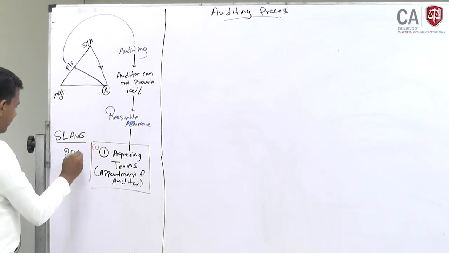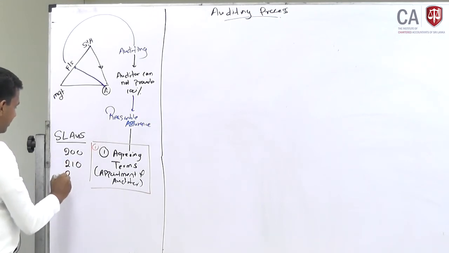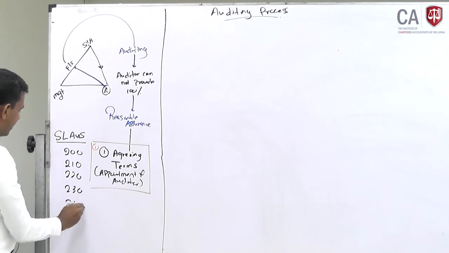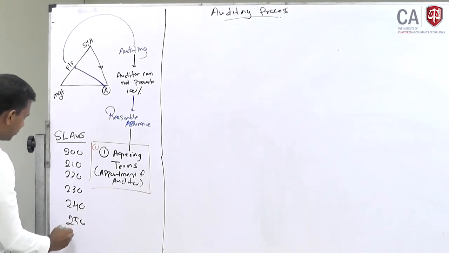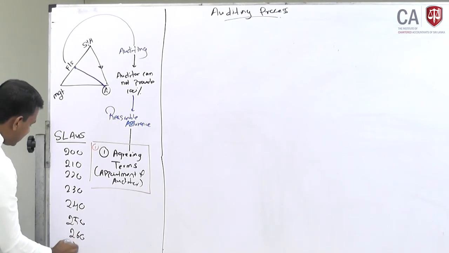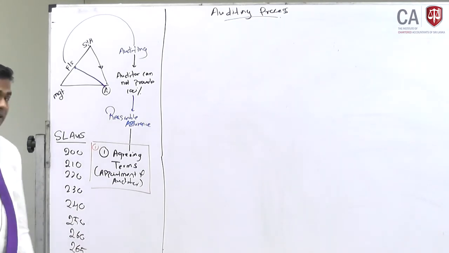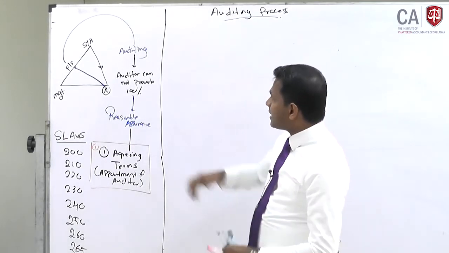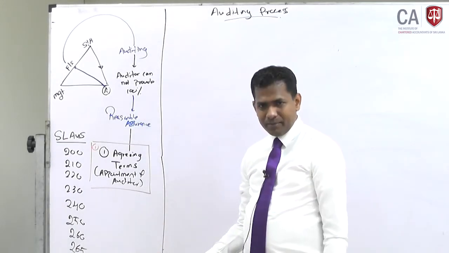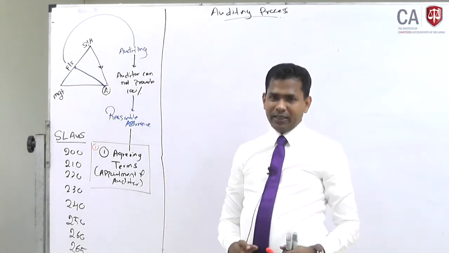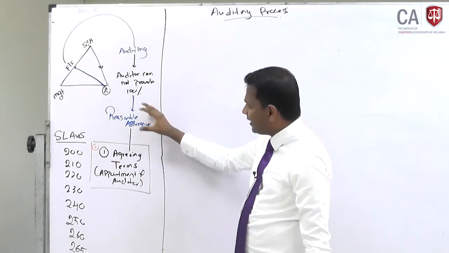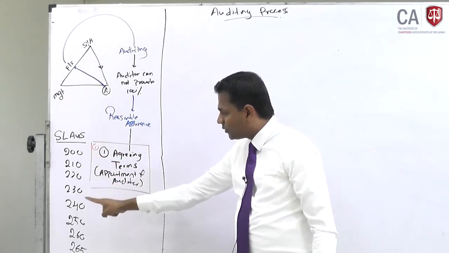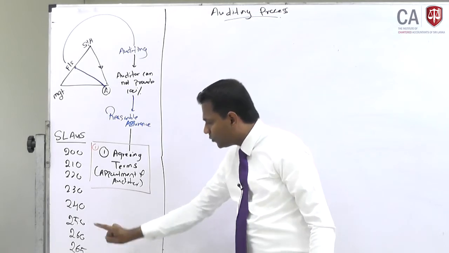Standard number 200, 210, 220, 230, 240, 250, 260 and 265. Certain standards are not applicable for BL5. So this is the basic introduction to the auditor, the basic introduction concept in auditing. So there you have to learn all these standards: 200, 210, 220, 230, 240, 250, 260, 265.